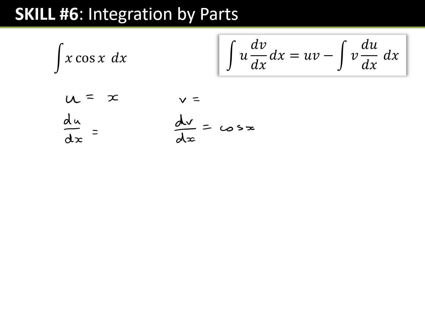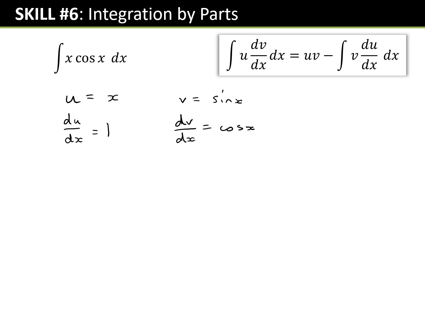You start with a u in here and a dv by dx in here. Now you know u is x, so du by dx, differentiate x, you get 1. dv by dx is cos x, so v, integrate cos x, you get sin x. When you integrate cos, it doesn't change sign.